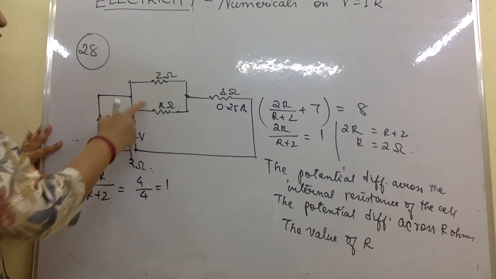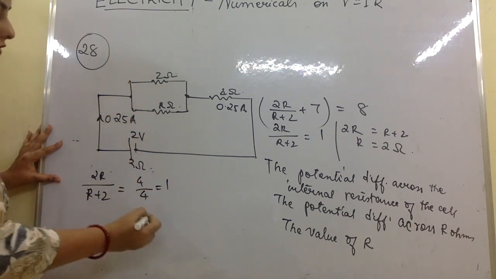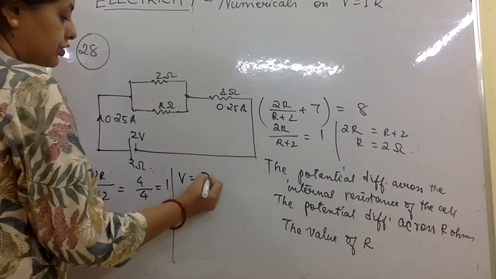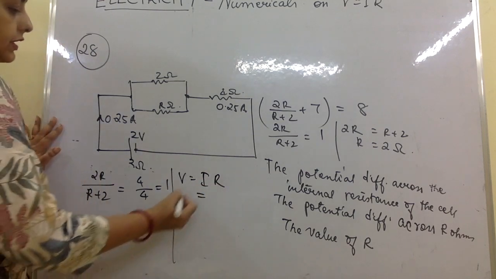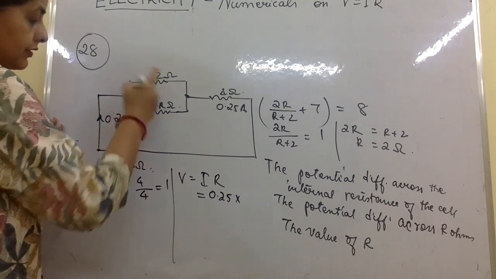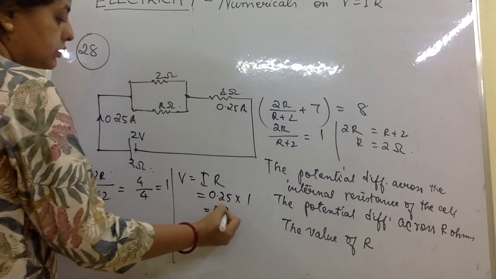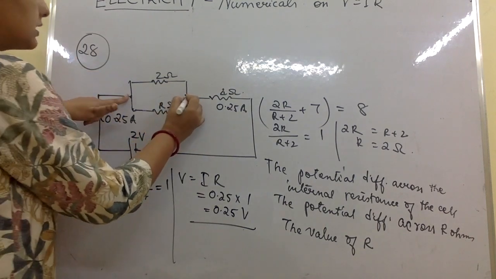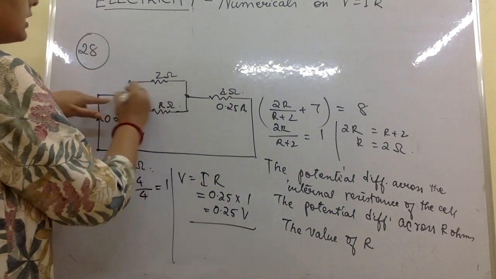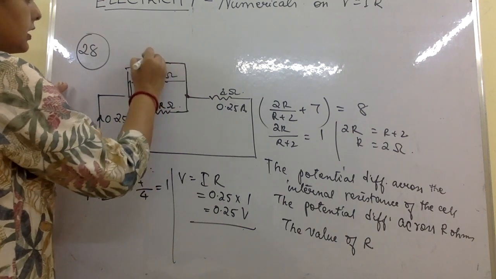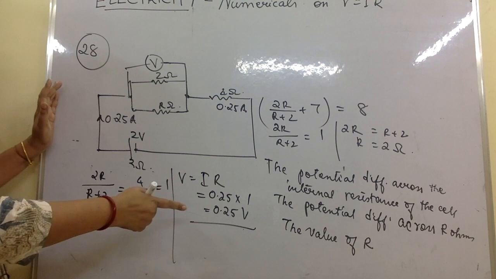Now V is equal to IR, if I apply only for this part between these two junction points. The current is 0.25 only, and the equivalent resistance for this is 1. So it is 0.25 volts. If I put a voltmeter like this over these two, it is going to give me 0.25.